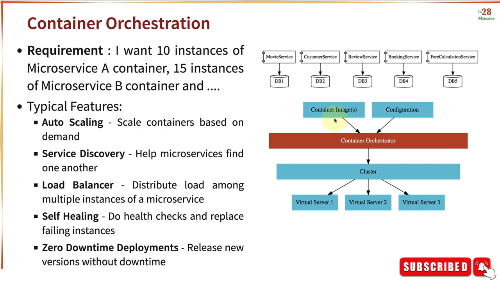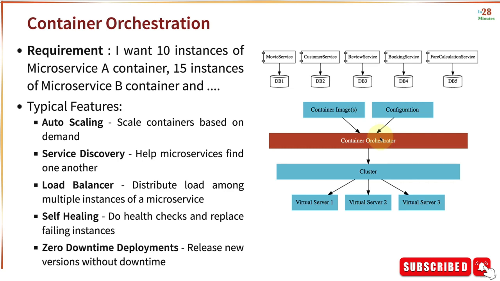So you can provide the container image and the configuration to the container orchestrator, and the container orchestrator would deploy the microservice to the cluster. In addition, typical container orchestrator tools provide all the features that we are talking about in here: auto scaling, service discovery, load balancing, self-healing, zero downtime deployments. These are some of the basic features that are provided by most container orchestrators.